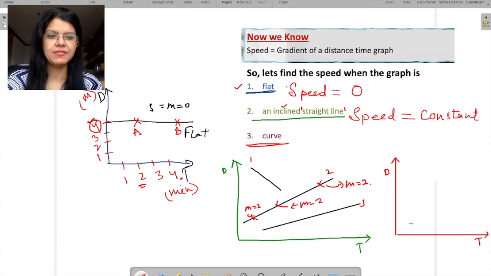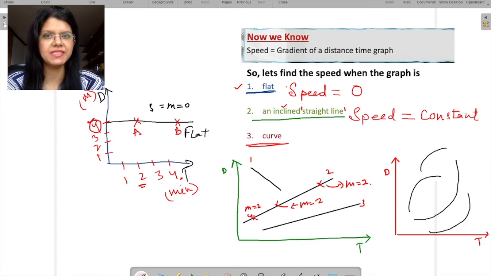How would a curve graph look like? It can be like this. It can be like this, like this. All these are curves, right? Let us understand, but with just one curve. Let us remove all the extra curves and let us understand with one curve.